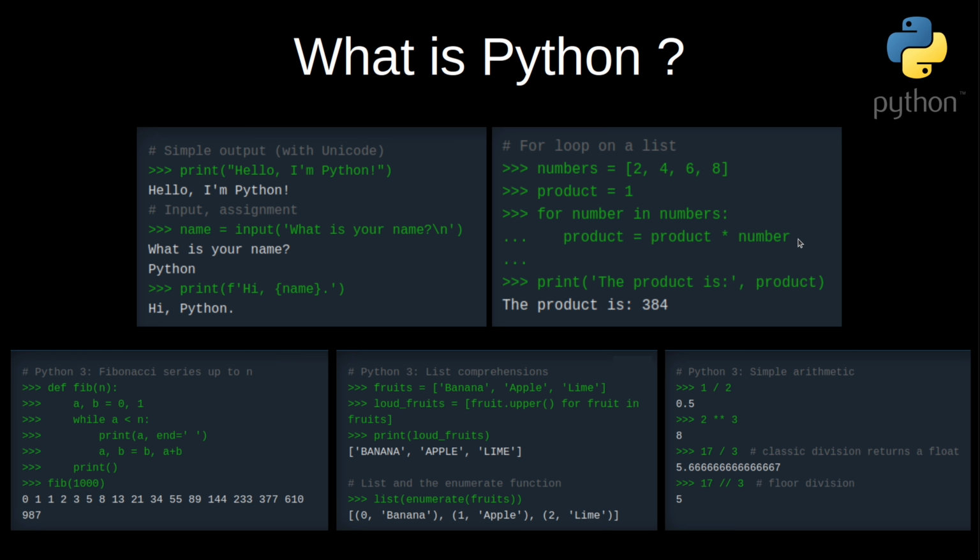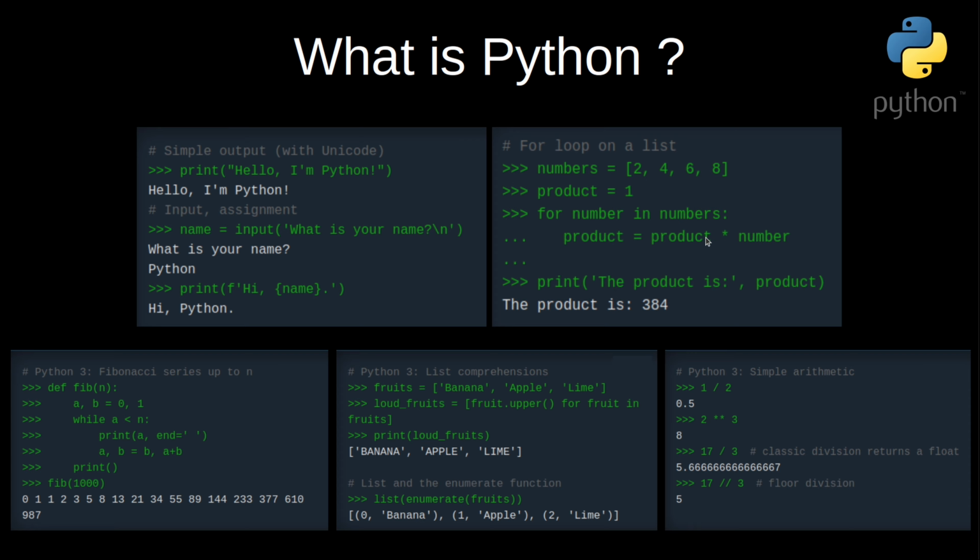iteration. So initially we have product as 1, being multiplied by 2 and assigned to product. So this is a recursive assignment. Product, which is initially 1, is assigned to product itself times the first element of the list, which is 2.